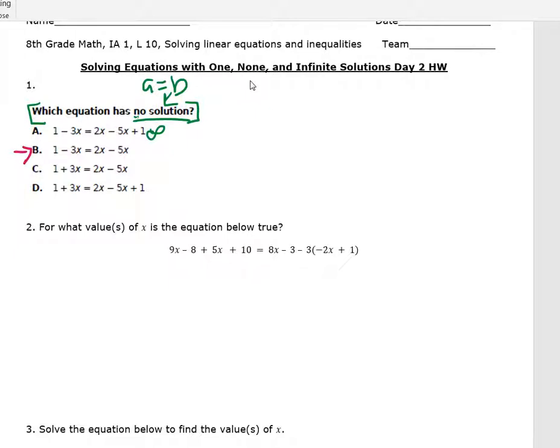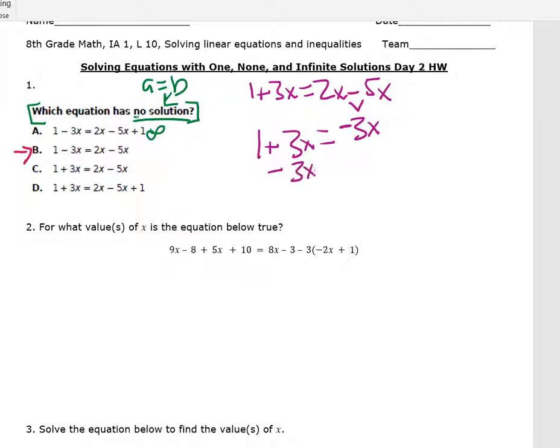For C, I have 1 plus 3x is equal to 2x minus 5x. Okay, so 2x minus 5x gives me negative 3x. So I have 1 plus 3x equals negative 3x.